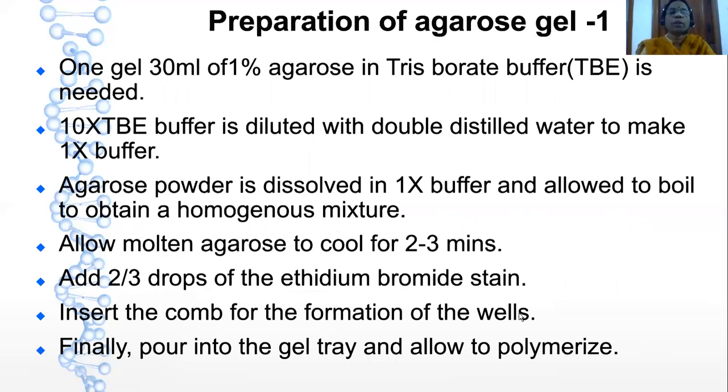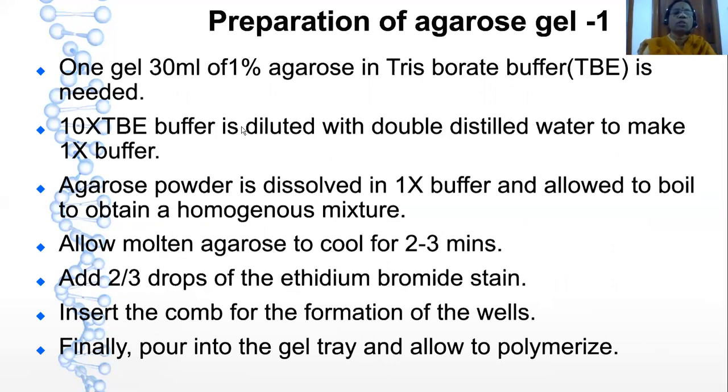So how do we prepare the agarose gel? We require a 1% agarose gel for a small tray. It requires 30 ml of agarose in tris borate buffer, with the 1% constitution.